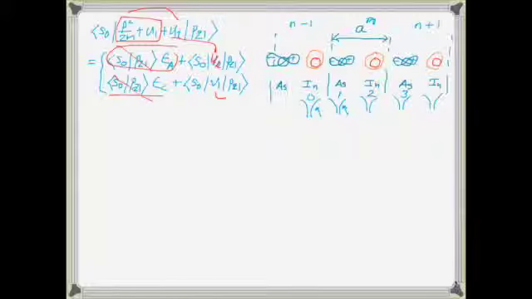Now we need to look at the matrix element between atom 1 and atom 2. So we're going to have PZ1 H S2, and all we have to do is go through the same steps.